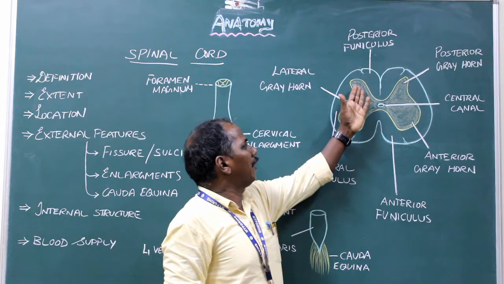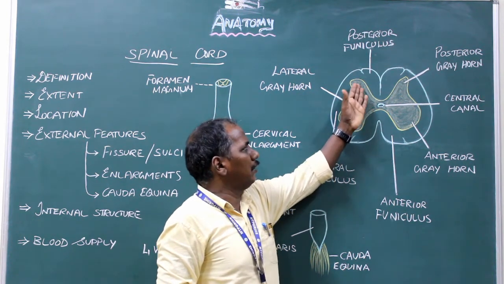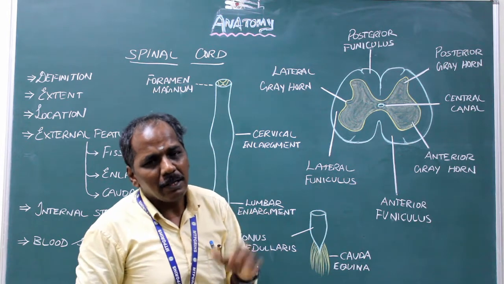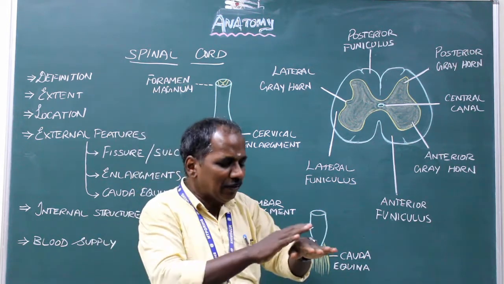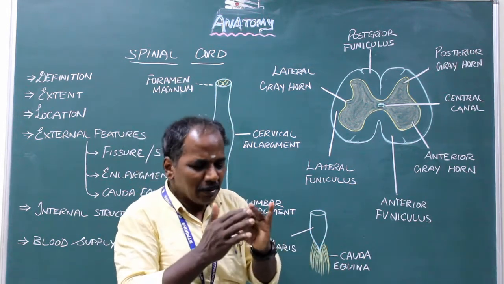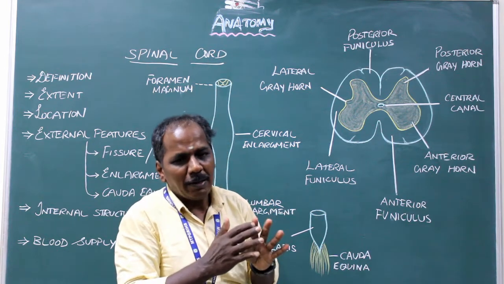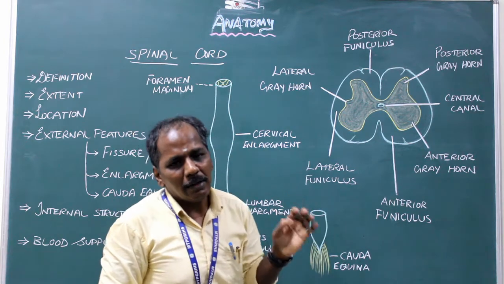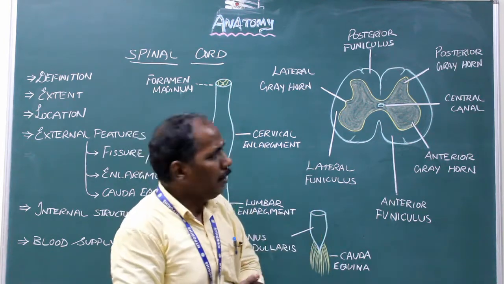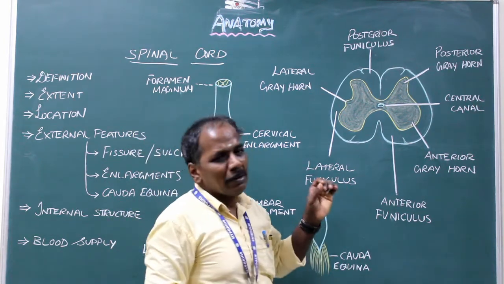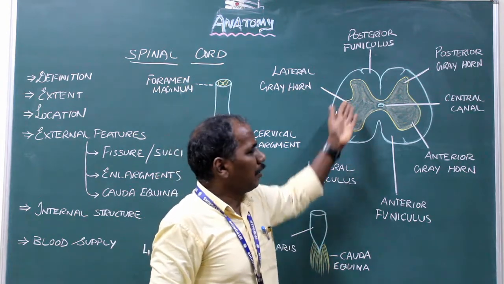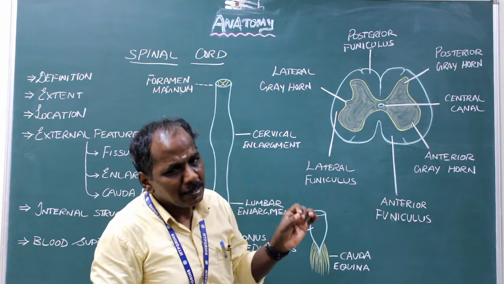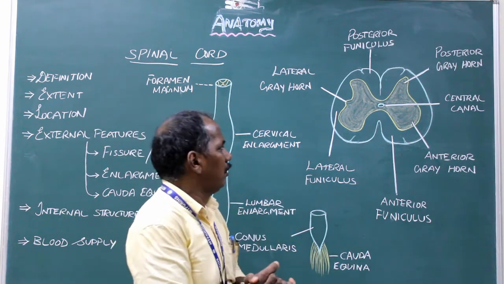The posterior grey column contains sensory neurons which receive sensation from the skin. Light touch, crude touch, pain, temperature, all relate to this area. And third one is interneurons. The interneurons are the neurons which connect these types of neurons.